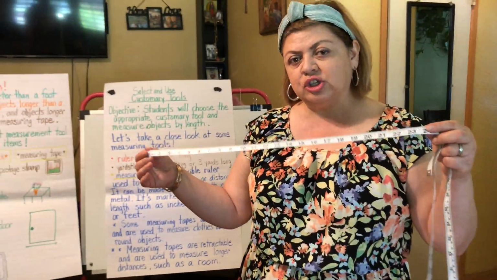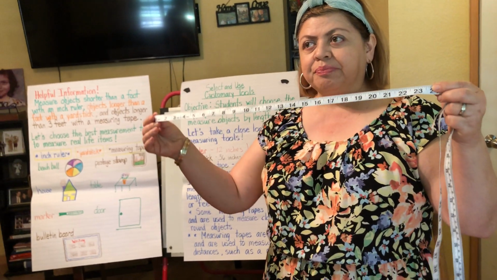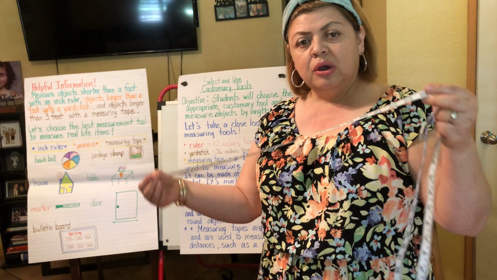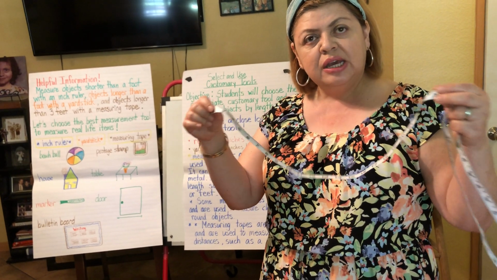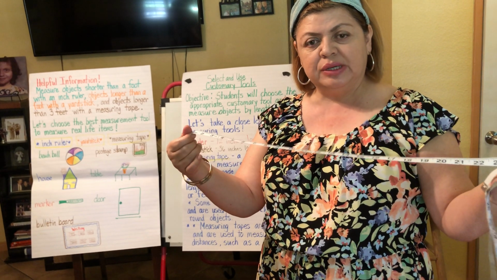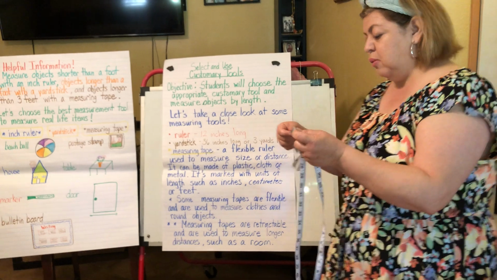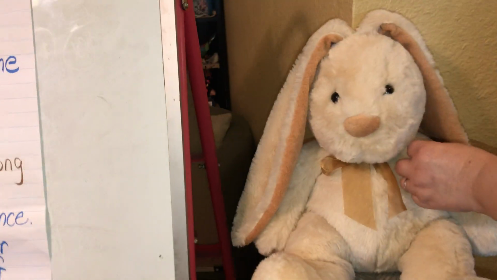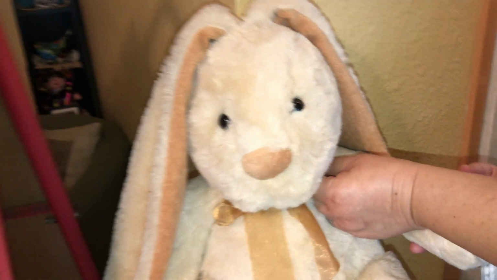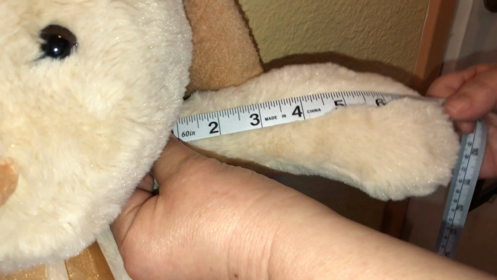This is the type of measuring tape or tape measure that you would see a seamstress use, or somebody who works in the sewing industry. So for example, let's just say I wanted to make Betty a dress, and I wanted to measure the length of her arms.